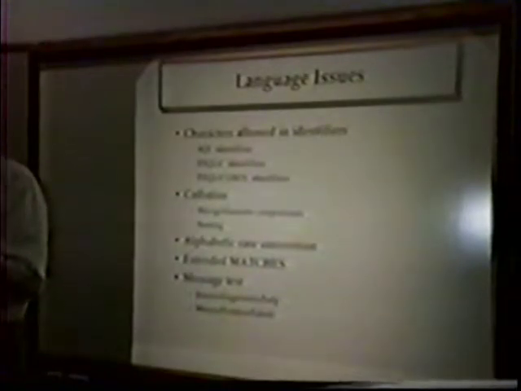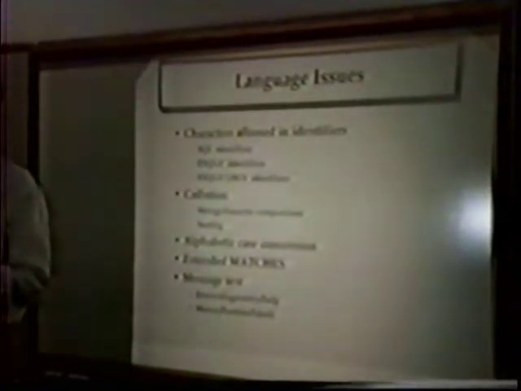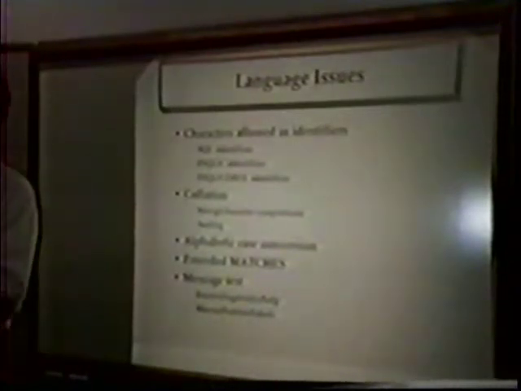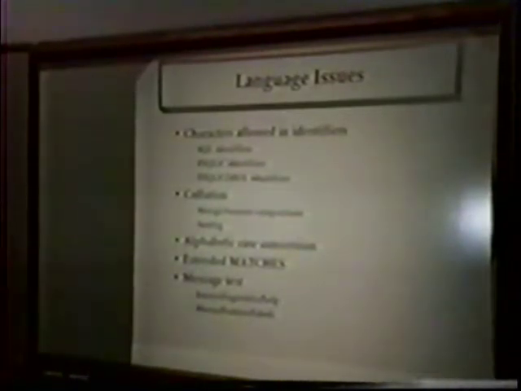Wait, is the data stored in English or is it stored in Japanese? The data in the database is stored in Japanese characters or French characters or Chinese characters or German characters. And as I'll show you, each database is branded with the language that data is stored in and the sorting order that the data is stored in.